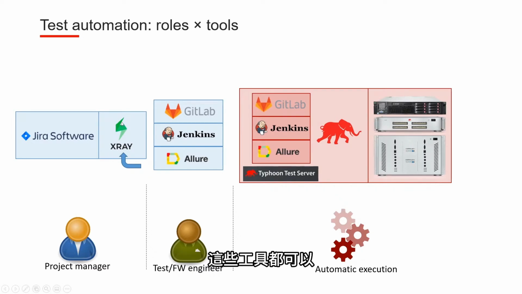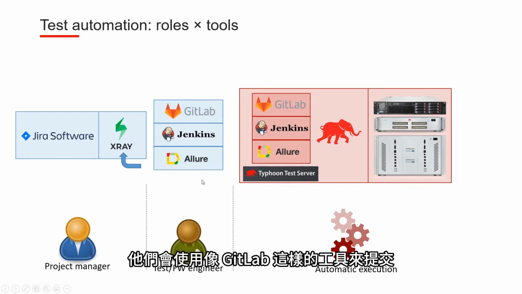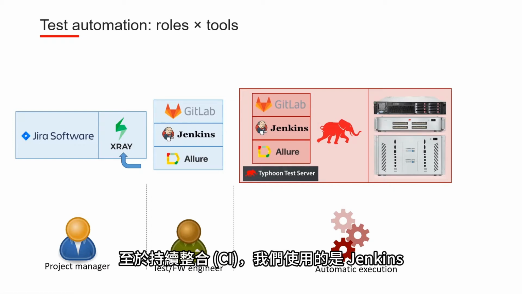These two can be changed according to your needs. The test and firmware engineers will be using, for example, GitLab for storing the test code and also the firmware code. For the continuous integration, we are using Jenkins.